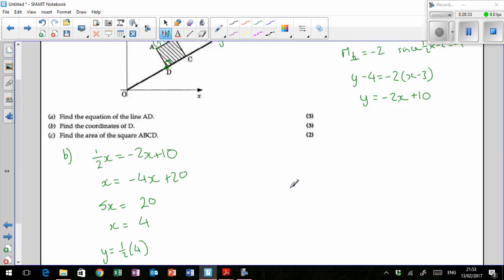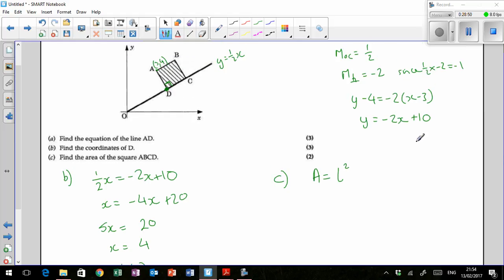Now C, find the area of square ABCD. We know the area of a square is given by just length times breadth, or in the case of a square, because they're all the same, the length squared. So we just need to know the length of one side. Because we know those 2 points, 3, 4 and 4, 2. Here we know the point at the top is 3, 4.